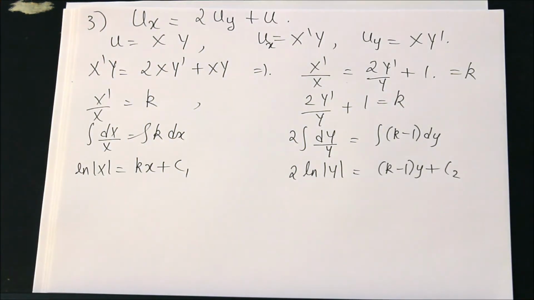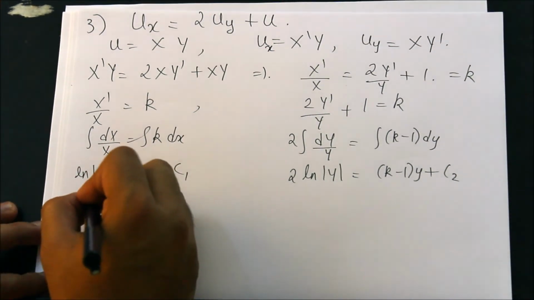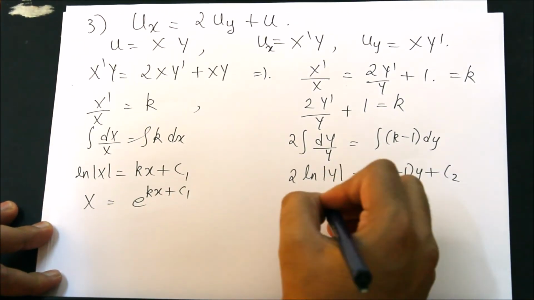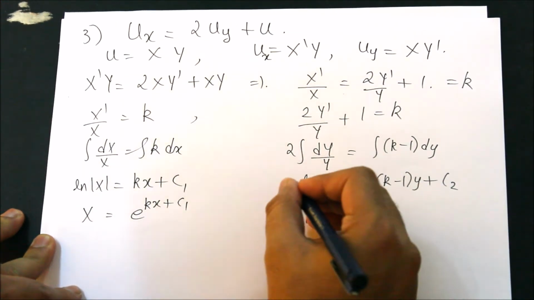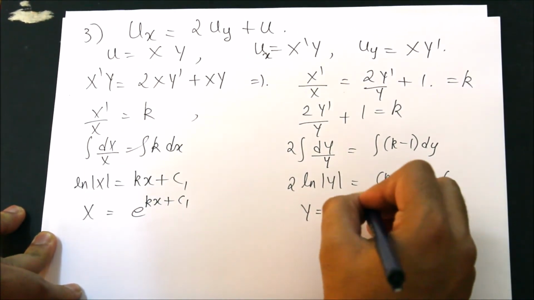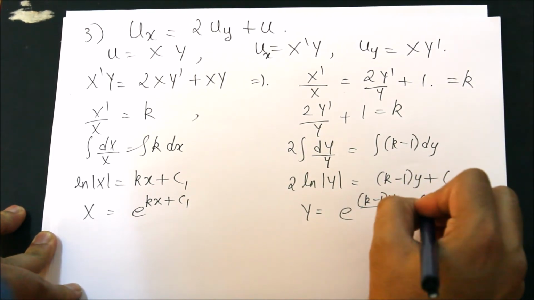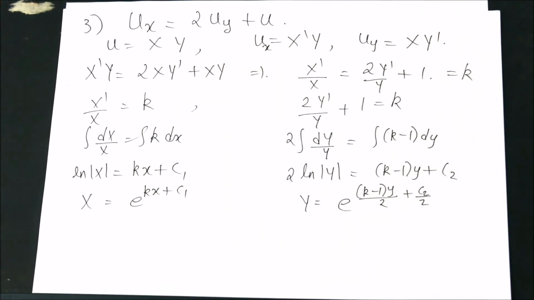If you solve this further, what is my X? X is e raised to kx plus c1. My Y, if I divide by 2, is e raised to (k minus 1)y by 2 plus c2 by 2. And what is my u?